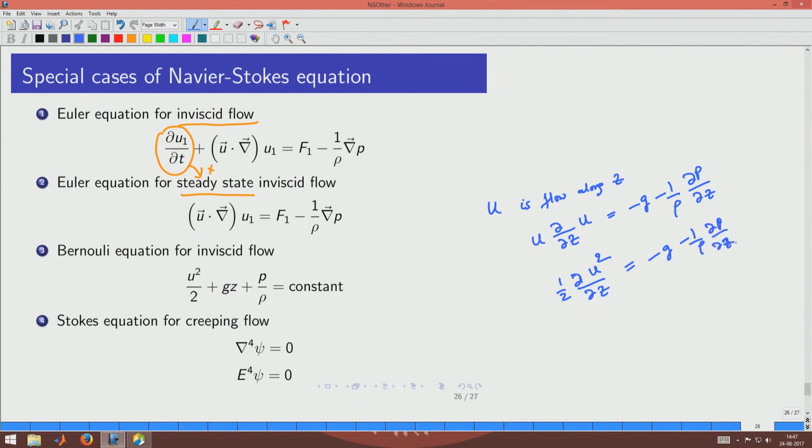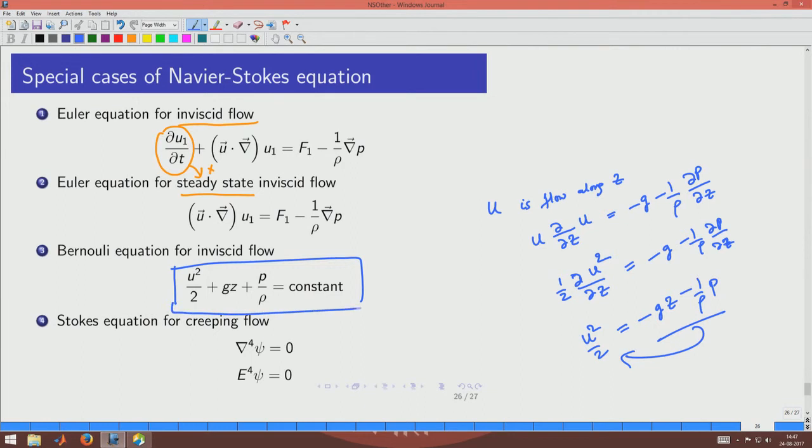Now you see that when you integrate you get u square by 2 is equal to minus gz minus 1 by rho p. So, you take these 2 terms to the left hand side, and the integration constant has to be kept on the right hand side. On the left hand side you have u square by 2 plus gz plus p by rho.